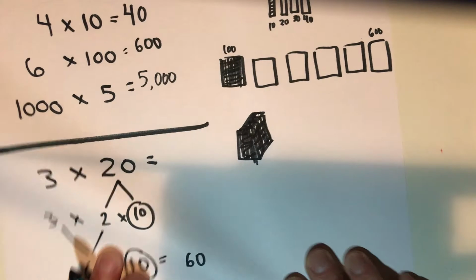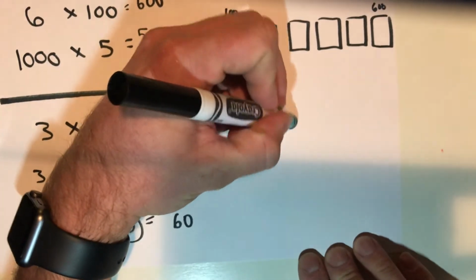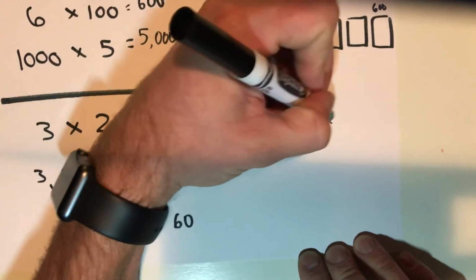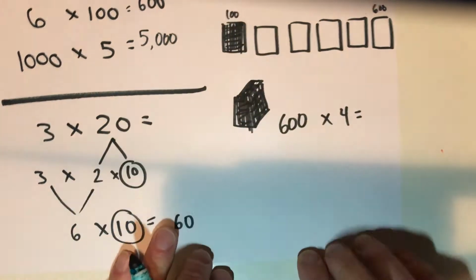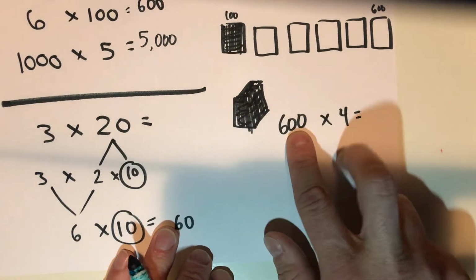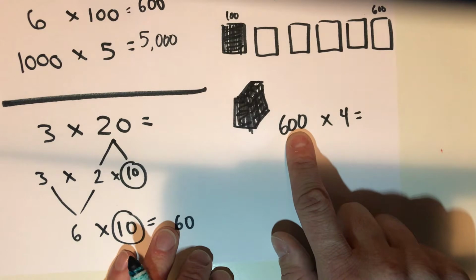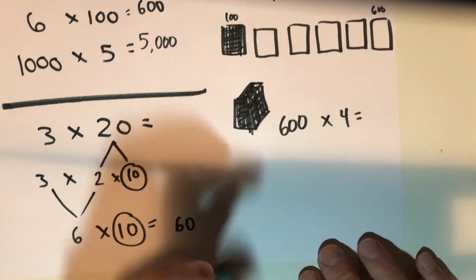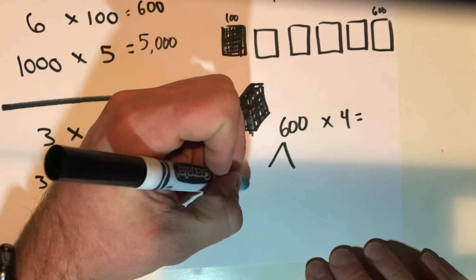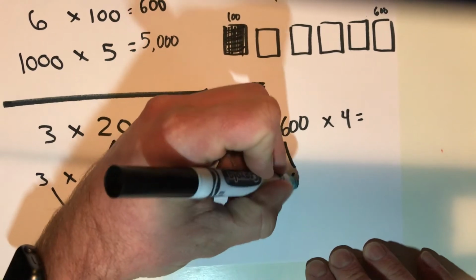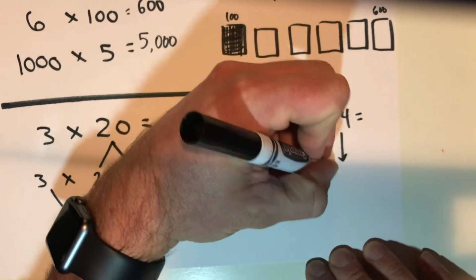I'll show you another example here. We take something like, let's say, 600 times 4. I look at that and say, oh, 6 times 4 is 24. With 2 zeros here, I get 2,400. But let's think about what that really means. We've got 600 is 100 times 6, and then the other part is times 4.